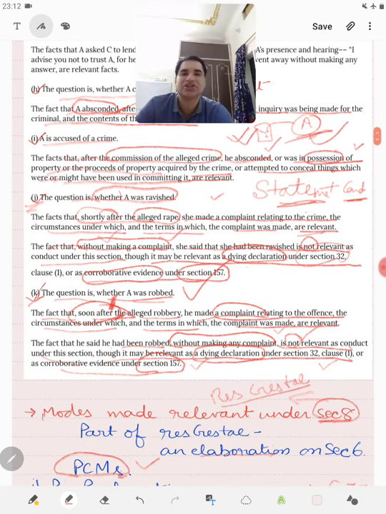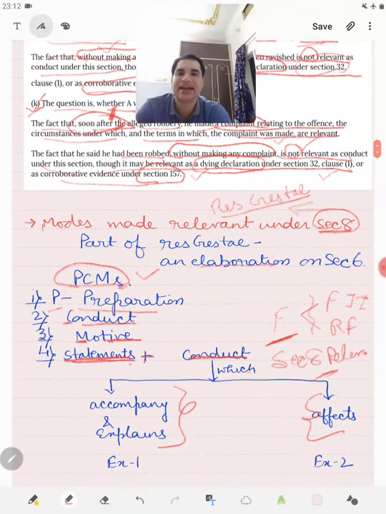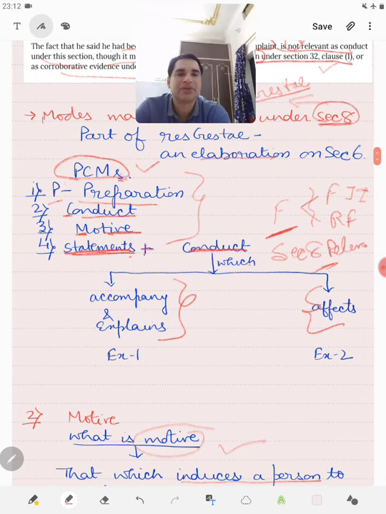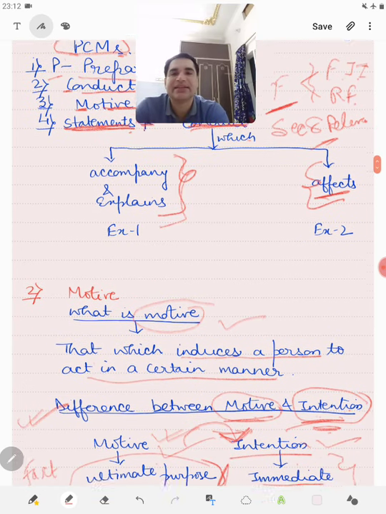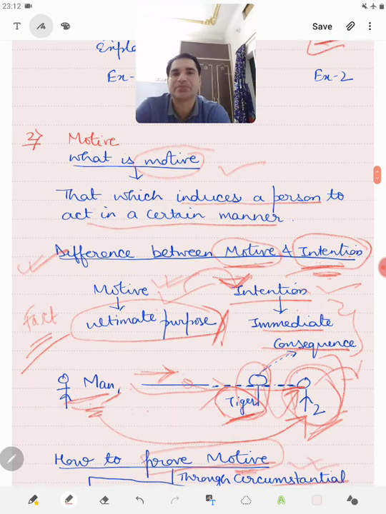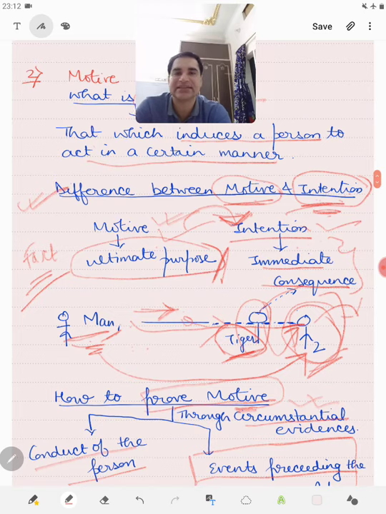So we saw that section 8 of the Indian Evidence Act makes 4 types of things relevant if they are connected with a fact in issue or relevant fact: through preparation, through conduct, through motive, or through a statement followed by conduct which accompanies or explains it or which affects or influences it. Then motive, we saw that motive is the inducing force for a person to act in a certain manner.